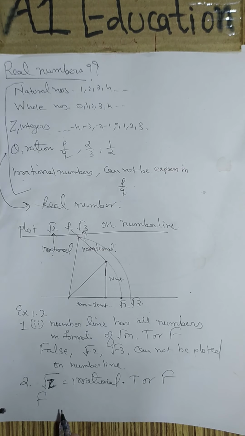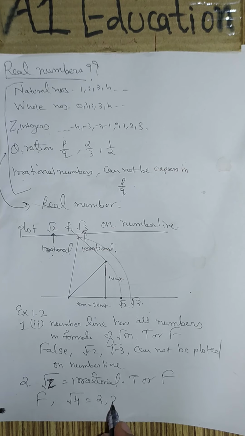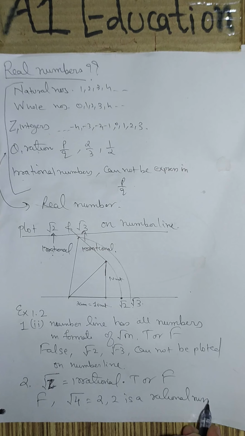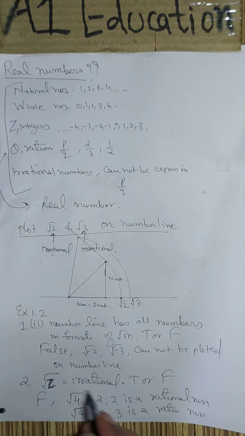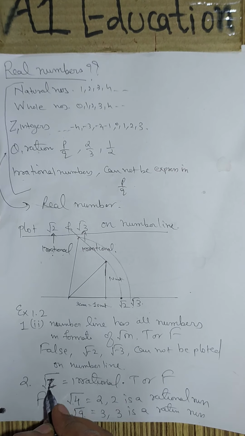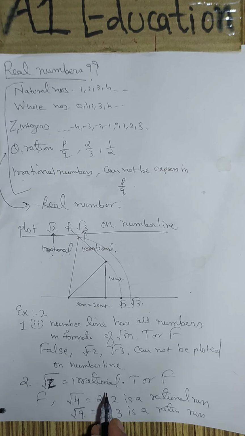Again it is false, because if we take the integer 4, then square root of 4 is 2, which is not irrational. 2 is a rational number. Similarly, if we take square root of 9, 9 is an integer, but its square root gives 3. Again, 3 is a rational number. Hence, this assumption is wrong, that square roots of integers give irrational numbers.